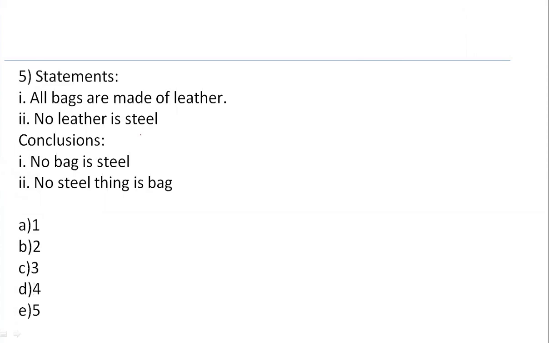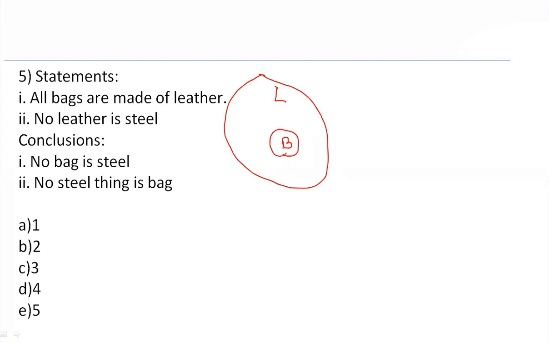All bags are made of leather. Okay. So first you draw the leather circle. Leather circle will say that whatever is the category of items which are made of leather, that you need to put inside the leather circle. Okay. All the bags are made of leather means as bags are made of leather, bag circle will come completely inside the leather circle.